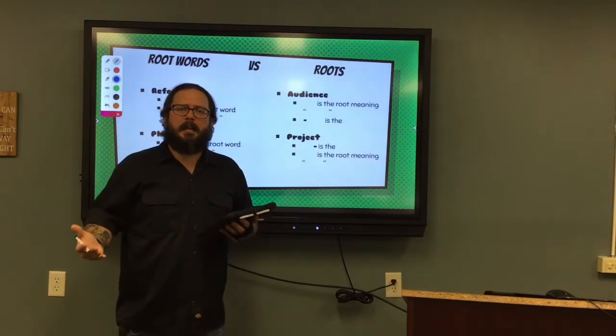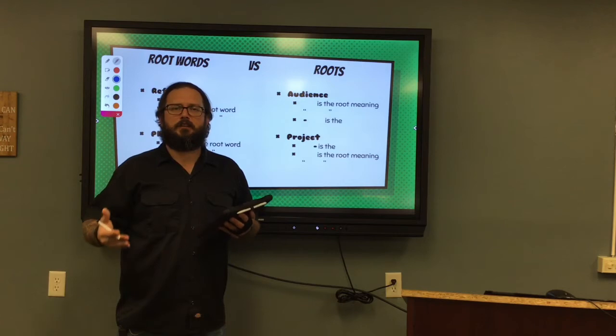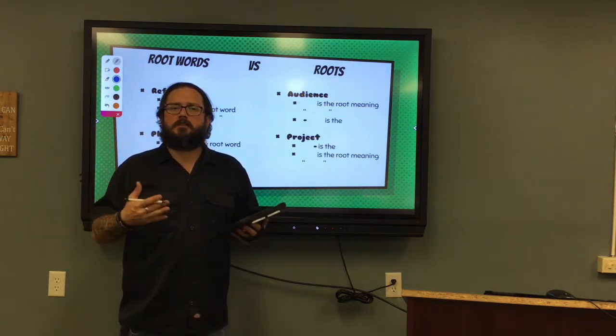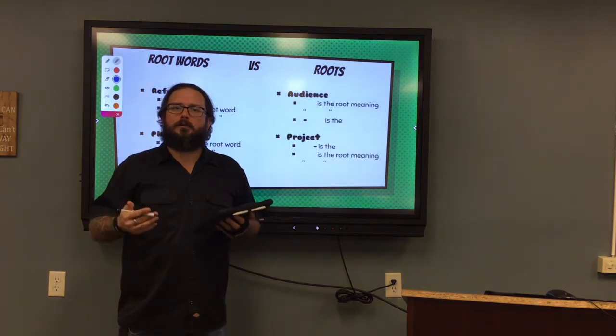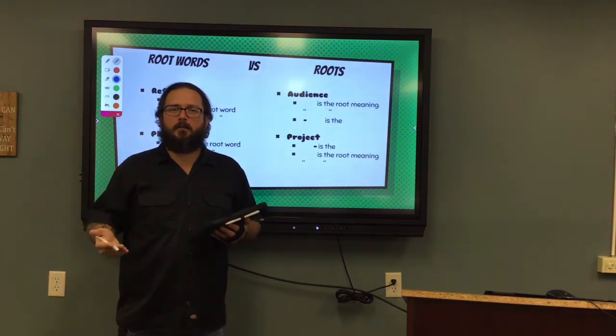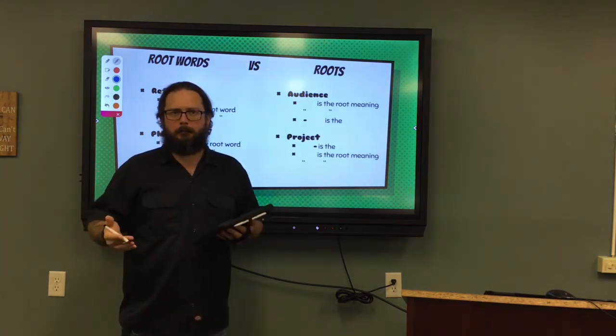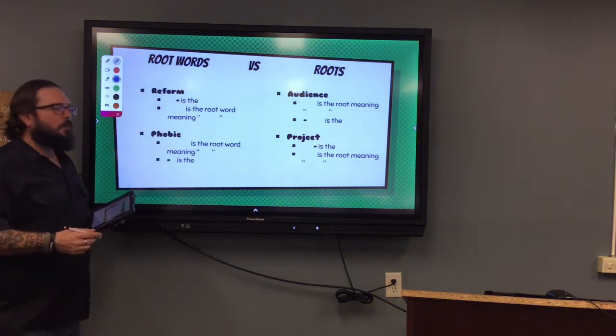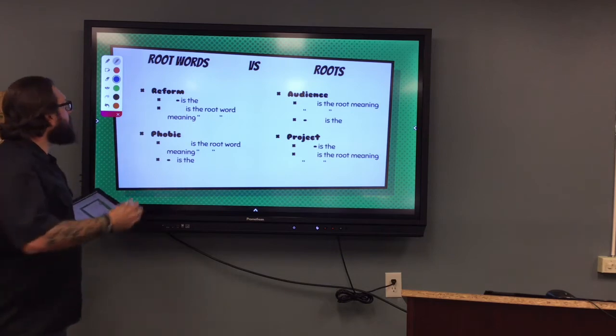Let's take a moment and unpack the difference between root words and roots. As we learned just a moment ago, root words can stand on their own as a word. In our first example, we have the word reform.